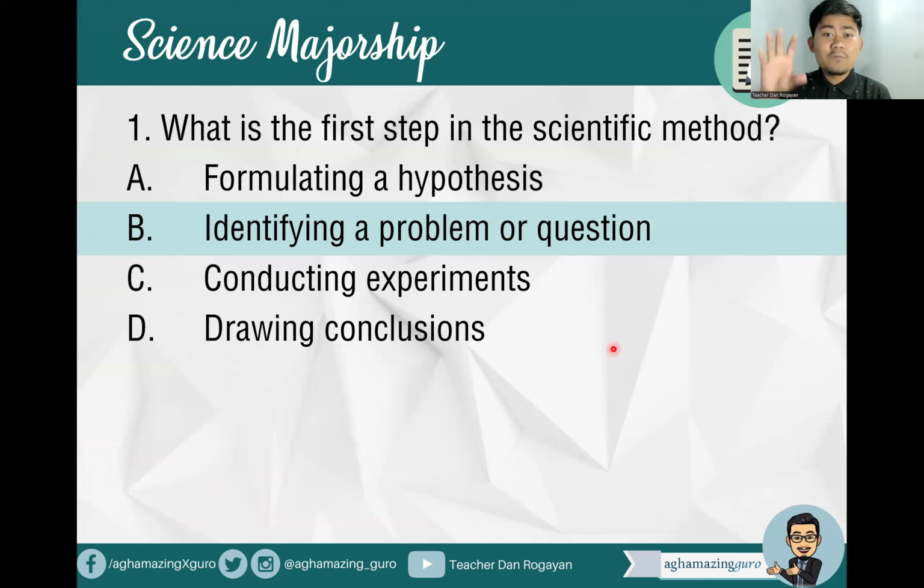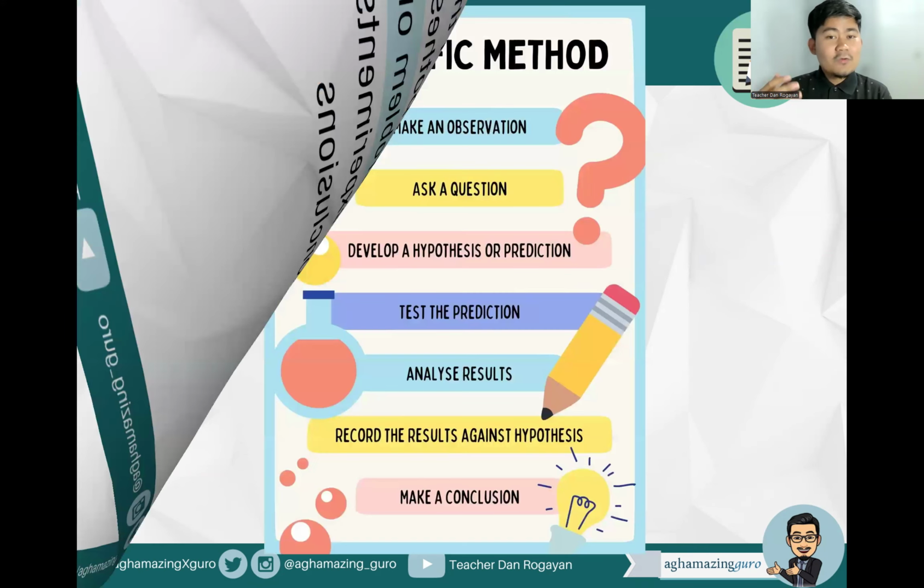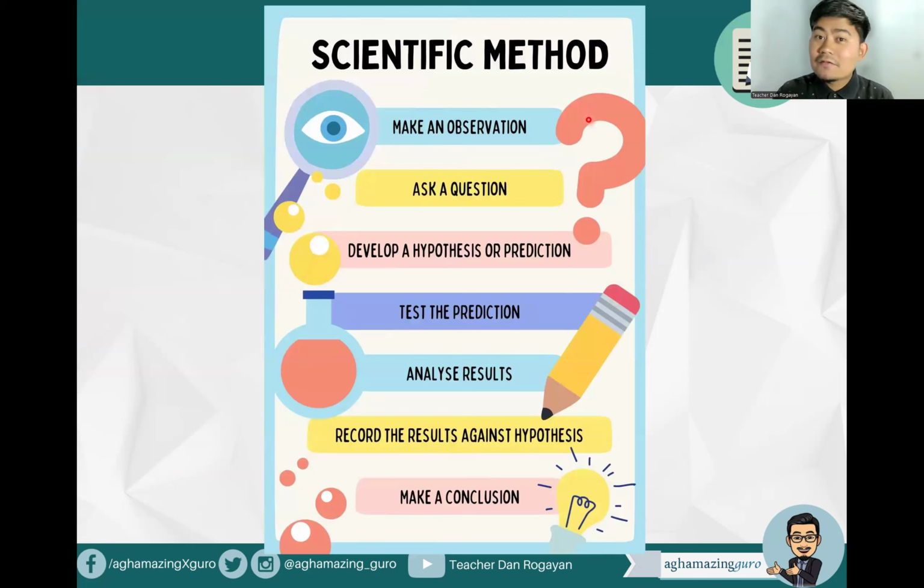So we need to have a problem or a question prior to the conduct of experimentation. But before formulating your question or problem, you need to have an observation. You need to make an observation. So then we ask a question or identify the problem, then we develop our hypothesis or prediction. After formulating our hypothesis, we test the hypothesis through the process of experimentation.